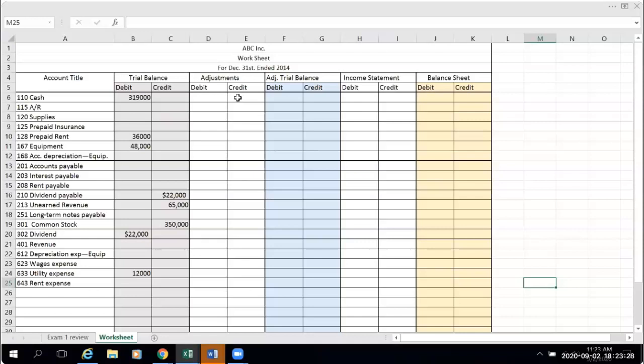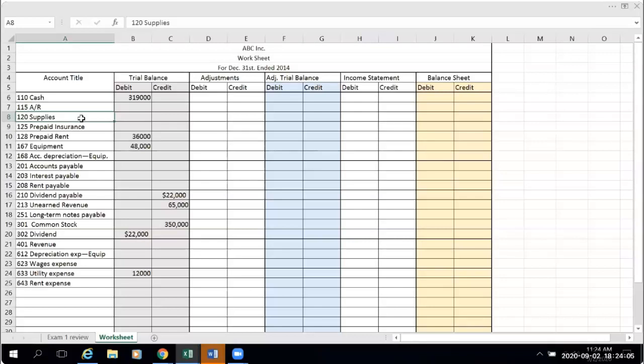First of all, cash doesn't need an adjustment. Cash, either you have it or you don't. But accounts receivable needs an adjustment. Supplies need an adjustment, because supplies might go less. You buy a lot of supplies, you record supplies. And then at the end of the year, you go to your supply room, you look at your supplies and you see, oh, I was supposed to have, let's say, $5,000 of supplies that I bought during the year and recorded.